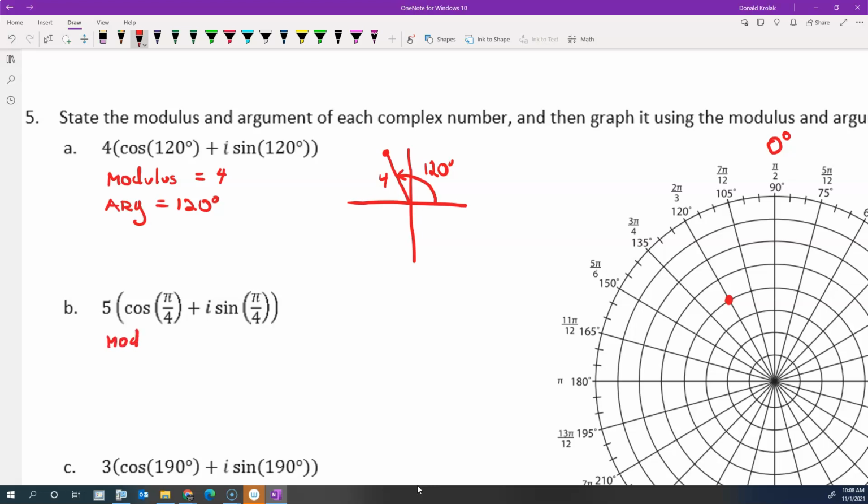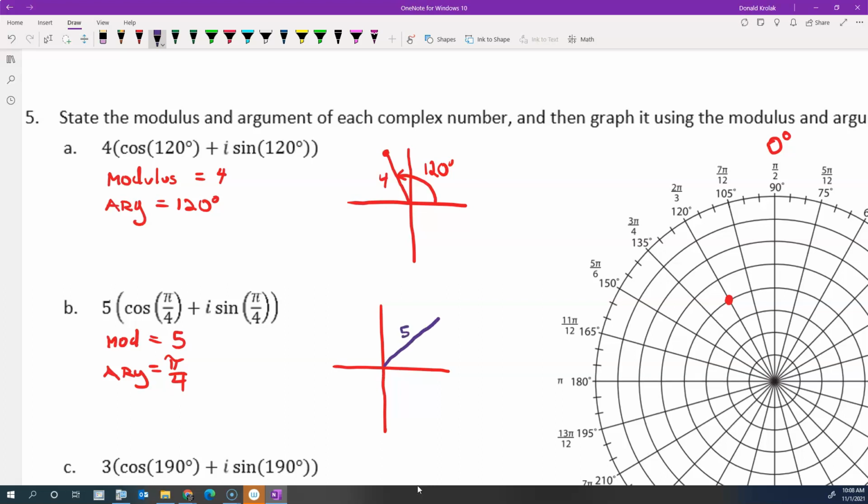Okay. Modulus 5. Argument pi over 4, which is like 45 degrees. So if I was just sketching it, you can plot it just on a regular graph.